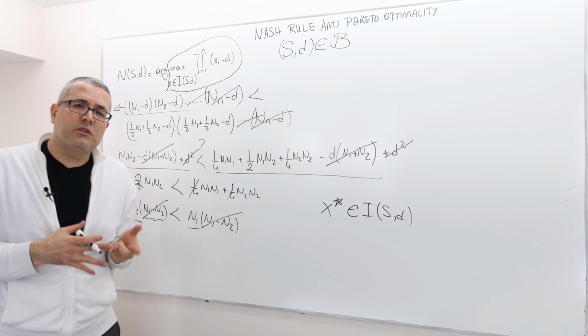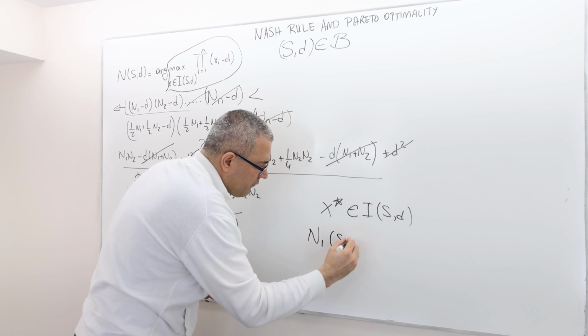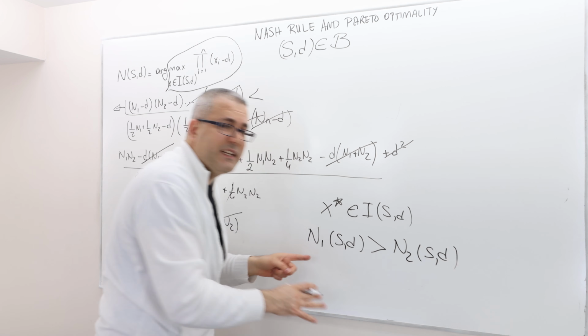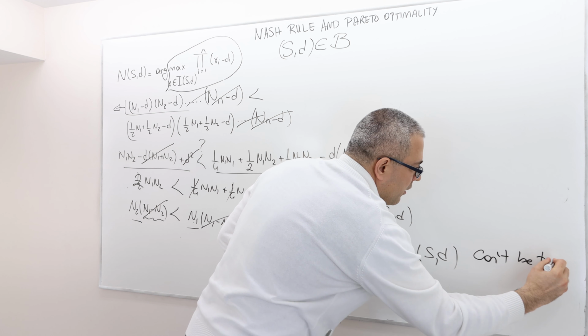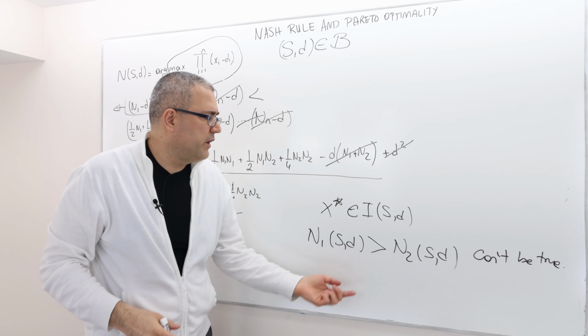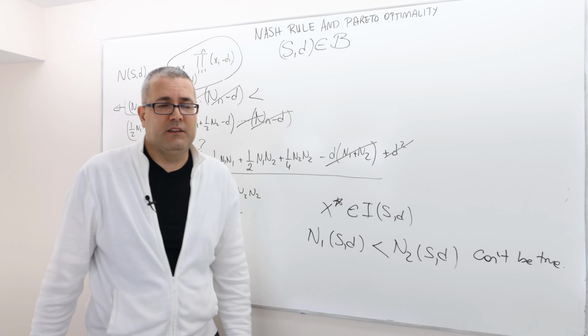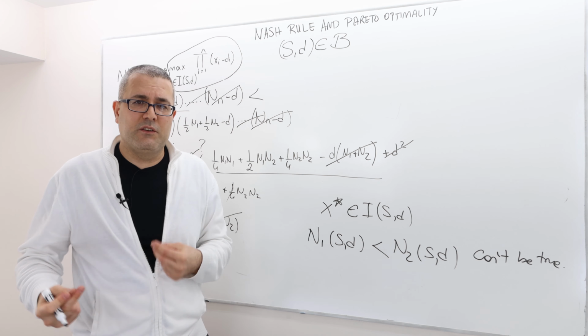Well, what is the cause of this contradiction? It's the assumption that n1 SD is greater than n2 SD. So this can't be true. Remember, I said this is without loss of generality. What would be different if I said this? Exactly the same arguments. That would lead to a contradiction.